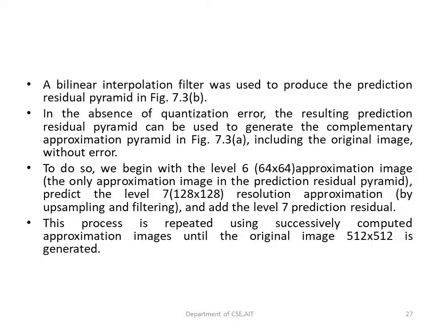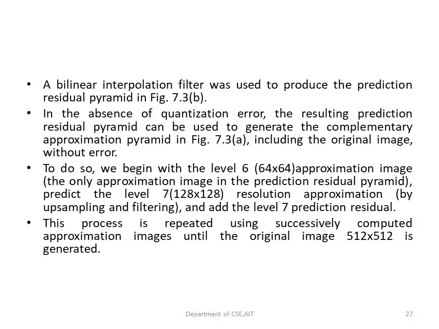A bilinear interpolation filter is used to produce the prediction residual pyramid in figure 7.3b. That is, we make use of linear interpolation in two directions by using two variables. We apply it first in one direction and then in the other direction also, that means in both the x and the y direction.